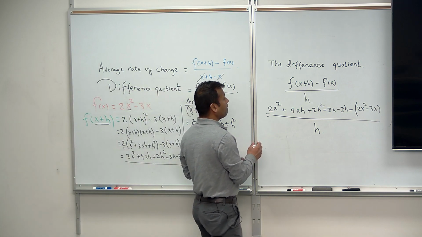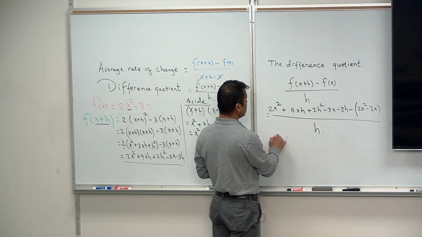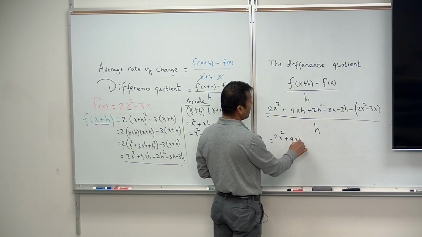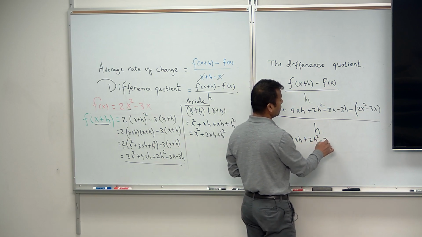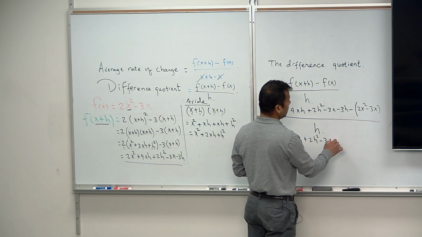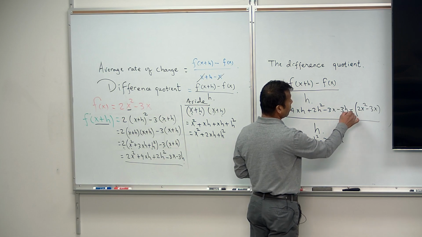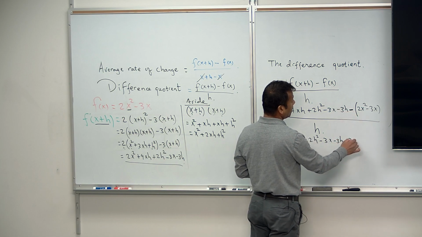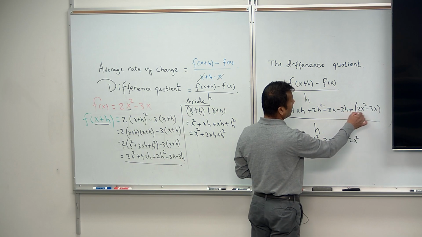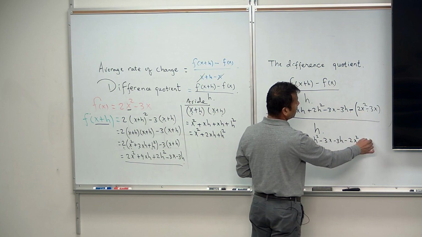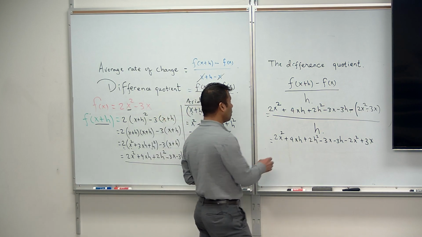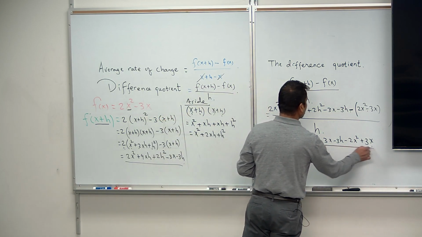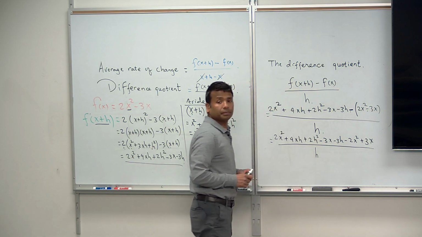Okay, so now this is the same as 2x squared plus 4xh plus 2h squared minus 3x minus 3h. You distribute this negative, okay? This is negative 2x squared, and negative times negative is positive 3x, right? And this whole over h.